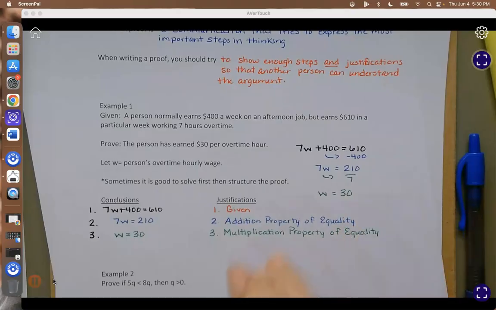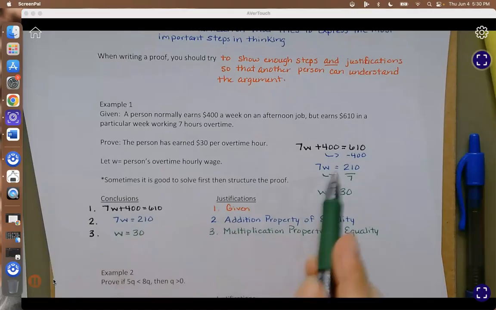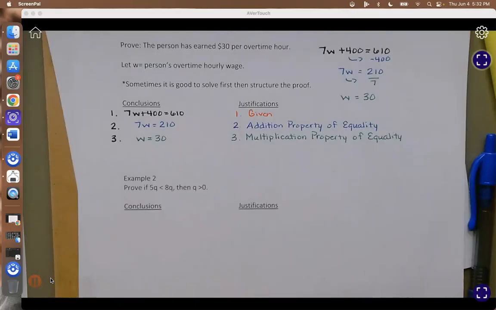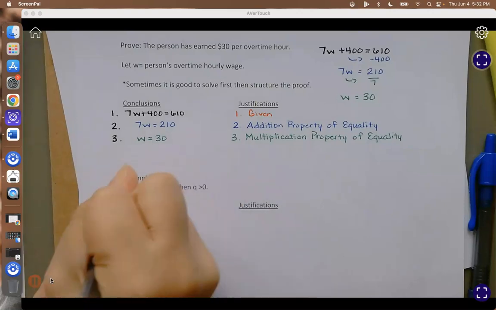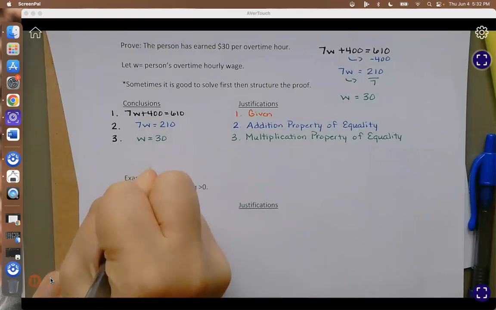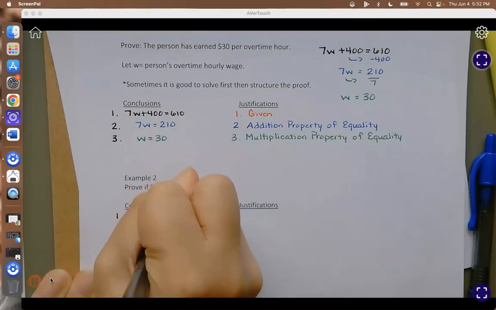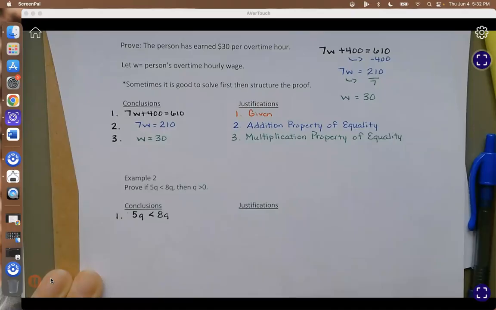So all we're doing, instead of just saying, well, we did this, is that we wrote the fancy name. All right, let's look at this next one. Prove if 5Q is less than 8Q, then Q is greater than 0. Okay, so the first one, even if you don't know what to do, you better not get the first line wrong, because you just write down the problem. 5Q is less than 8Q.